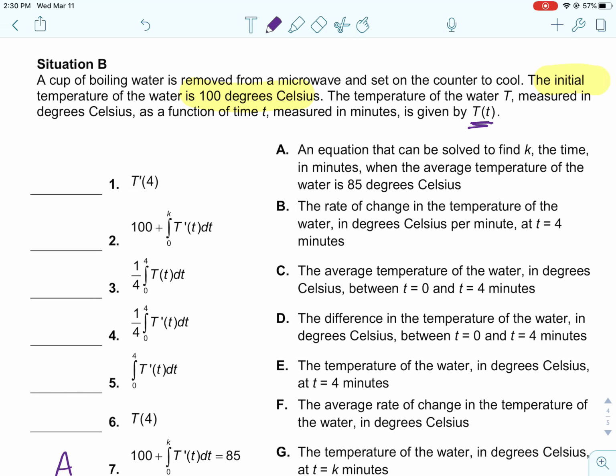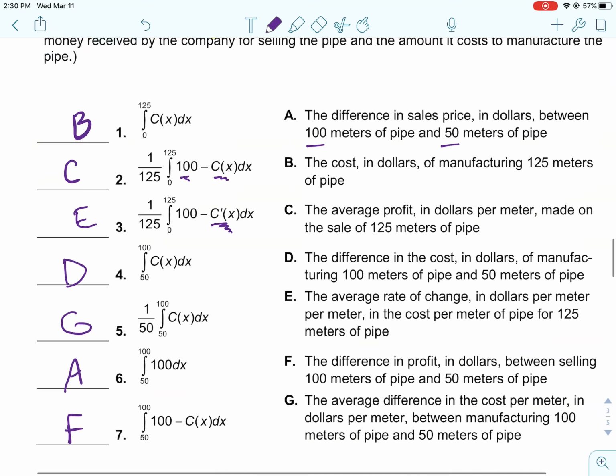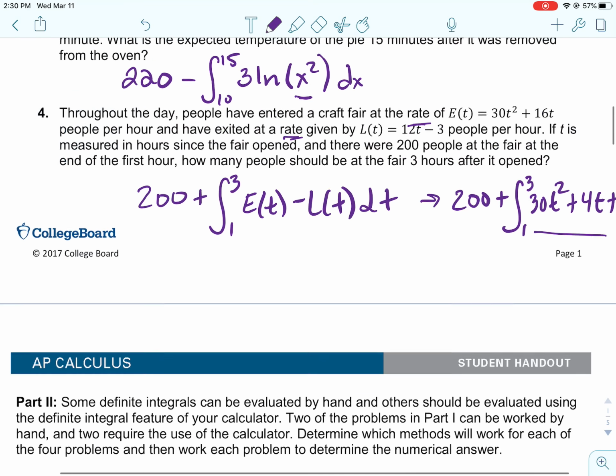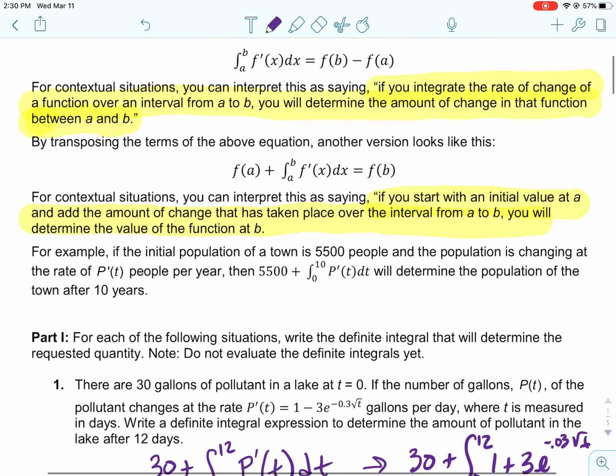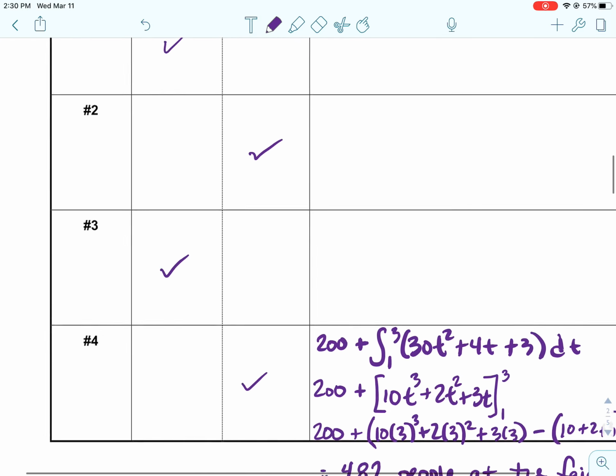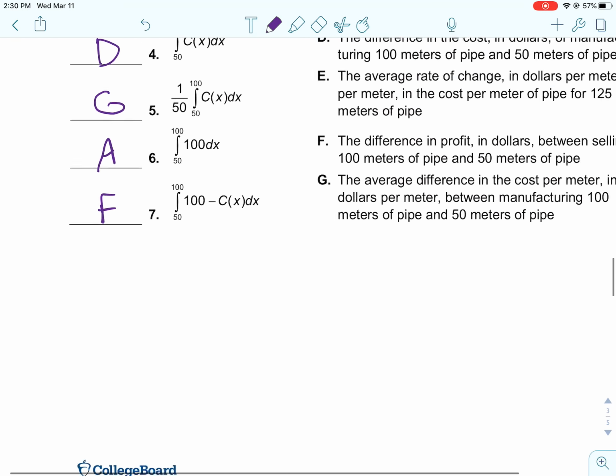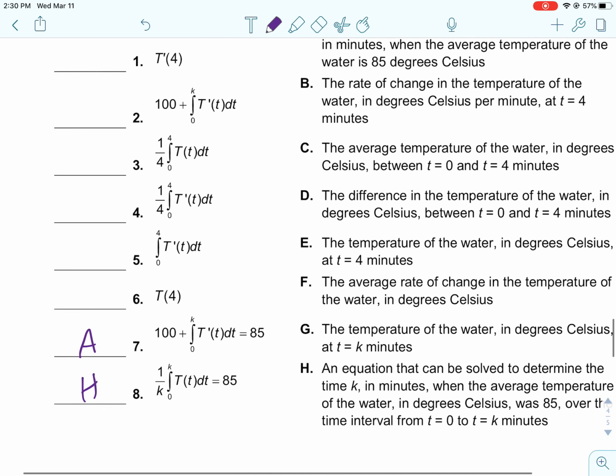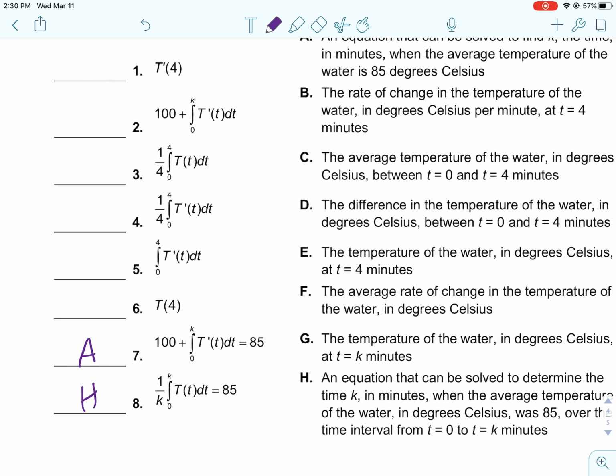So how would you know when to use a prime and not to? Okay, are you talking about number 1 or are you talking about the integrals that have a prime? Okay, so to do the integrals that have a prime, if you're wanting to find a final amount, like if you're just talking about temperature, it would need to have a prime. Final amount. Okay. Yes, for sure. For the integral.